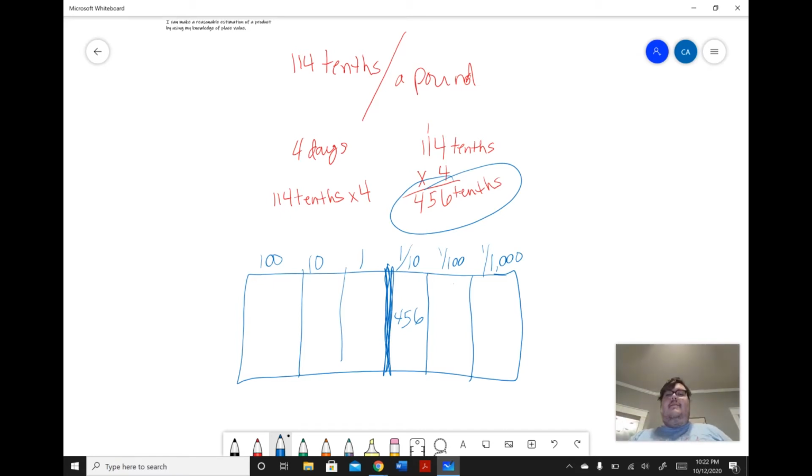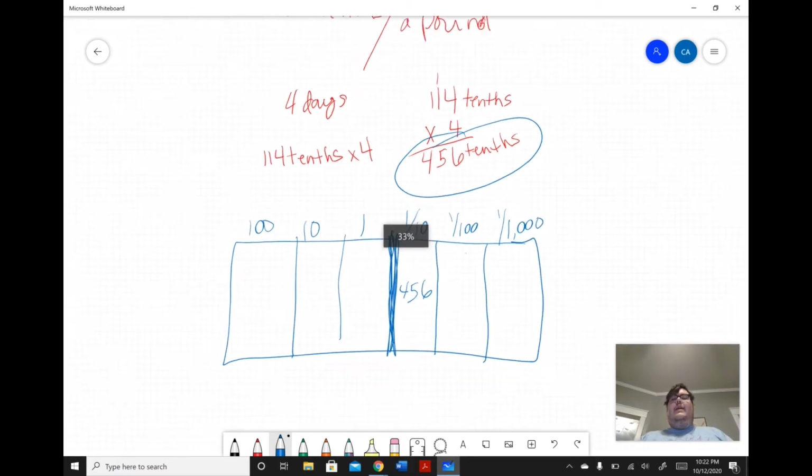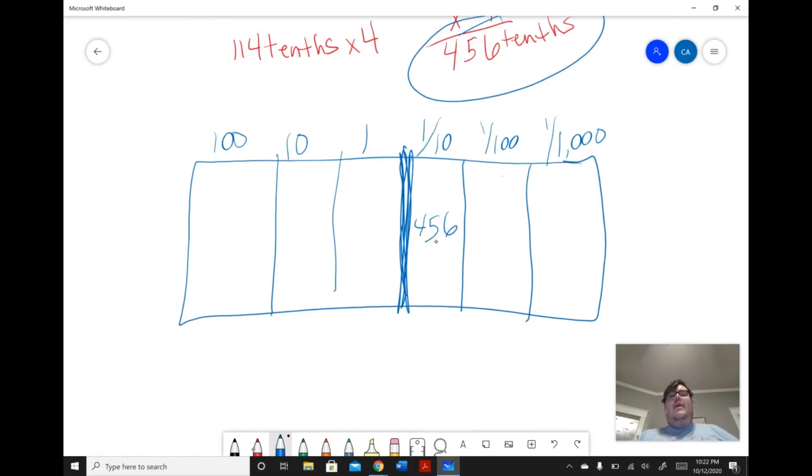So what I'm going to do is use some of my knowledge about place value and estimate about how many pounds this is. By looking at this, using my knowledge of place value, I know that I can only have comfortably a single digit in here.